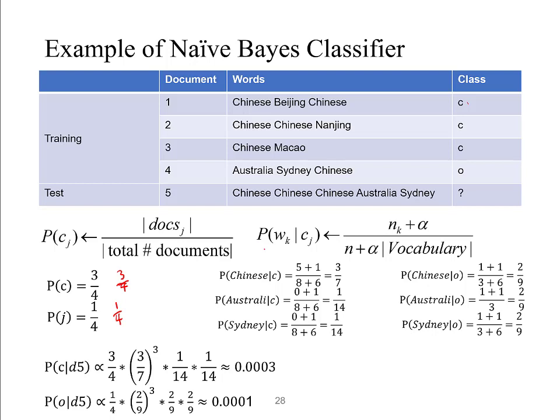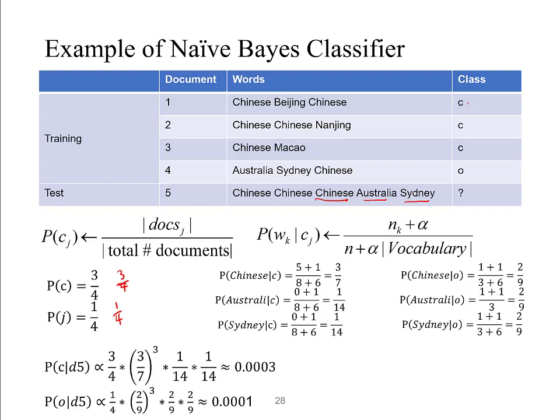Then we compute the probability of Wk given Cj. Note that in the test data, we only have Chinese, Australia, and Sydney. So we have these 3 distinct words.